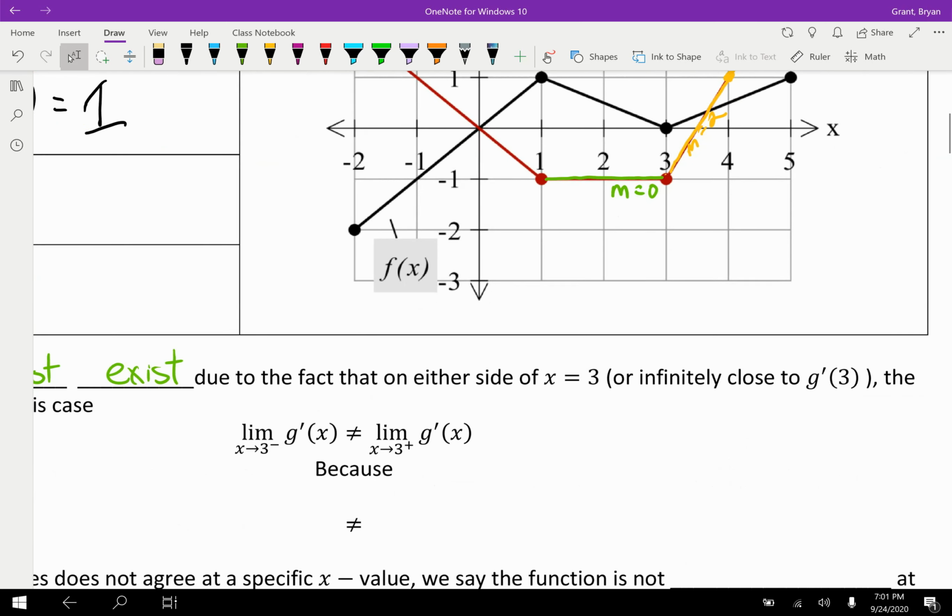We can say that the limit as we approach 3 from the left side, that's the piece that I did in green up there, I'll just circle it so we know it's green, of the derivatives, of all the slopes on this line segment, are not equal to the limit as we approach 3 from the other side of that line segment.